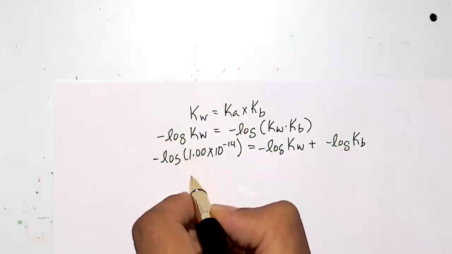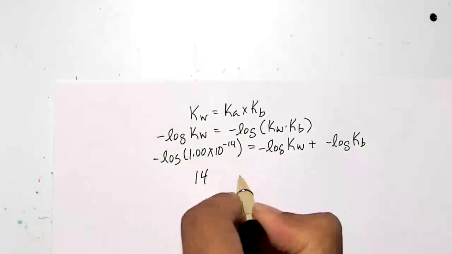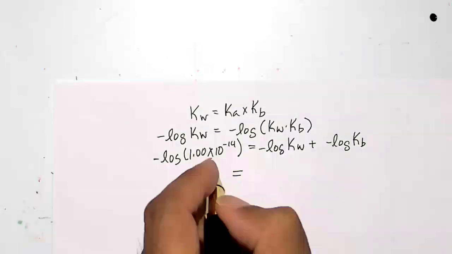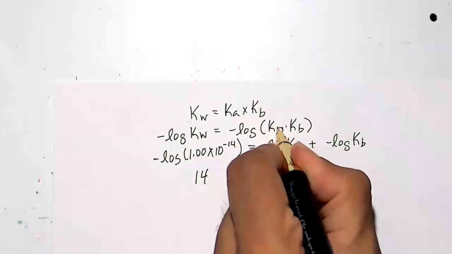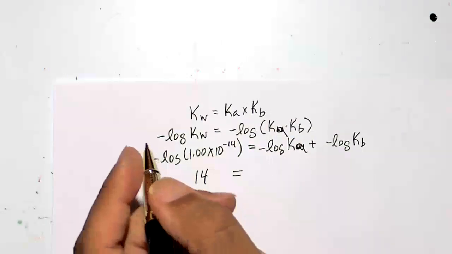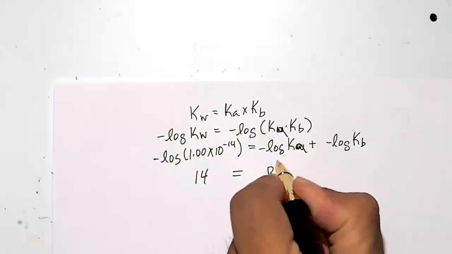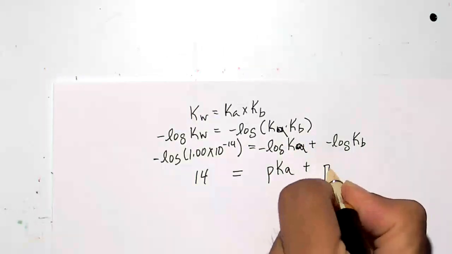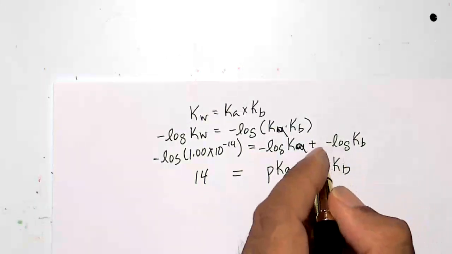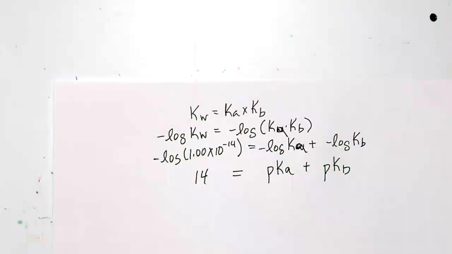Minus the log of 1.00 times 10 to the minus 14 is 14. Minus log of Ka is pKa, plus minus log of Kb is pKb.